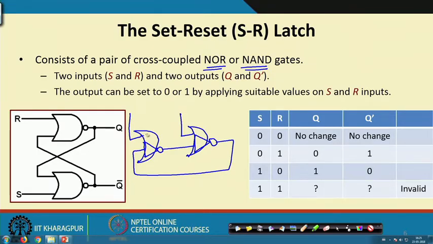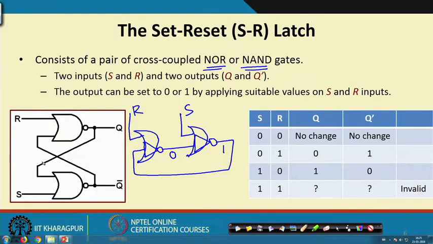One of them I call S, another one I call R. Now, the purpose of R and S is to forcibly set these lines to 0 or 1, whatever you want from outside, which for a simple NOT gate chain was not possible to do, because there was no external input.